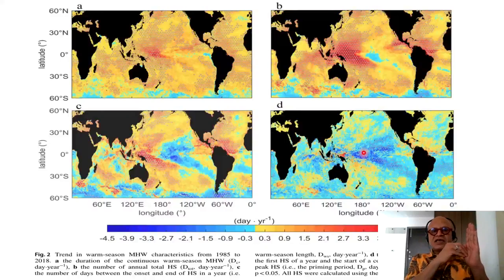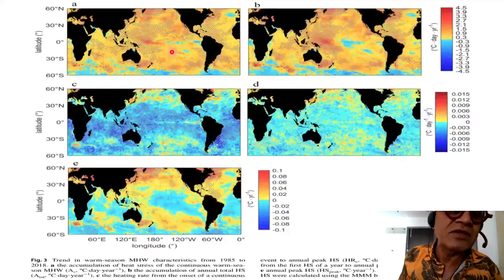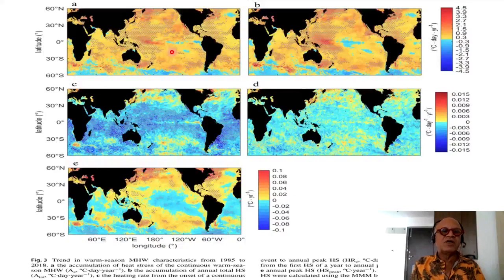There is nothing like a signal for priming the system, corals and other ecosystems, so they're getting hit because the warm season starts immediately. There are long duration marine heat waves according to this MMM threshold, where we are using maximum monthly mean values as the threshold. Okay, I hope it's clear.